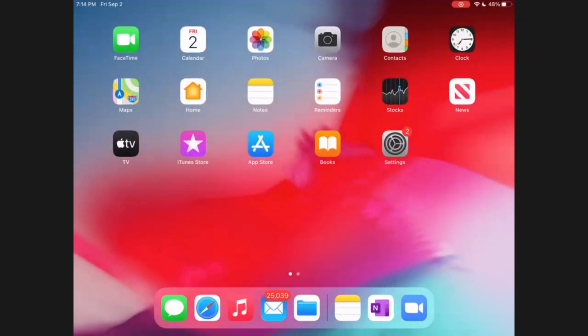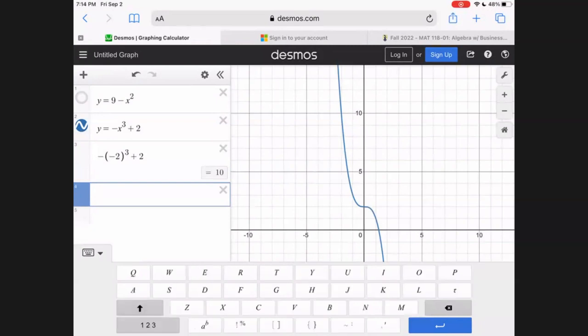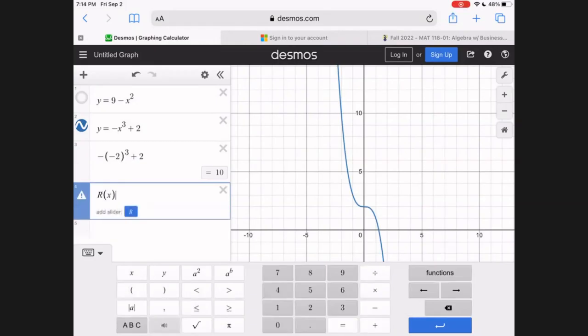Or you can see it like this. You could go over to Desmos. We said that revenue, so R of X equals X times parentheses 1,000 minus 5X.